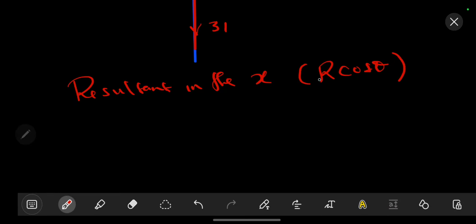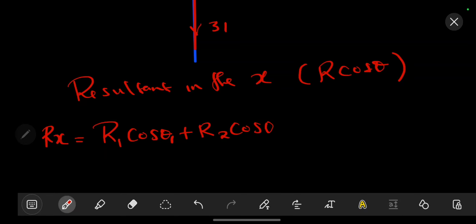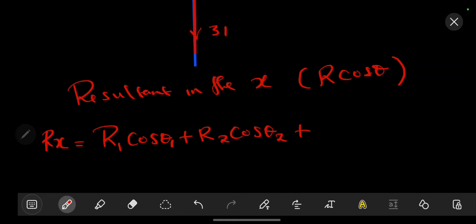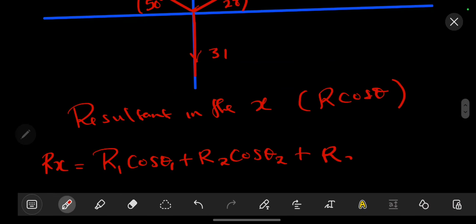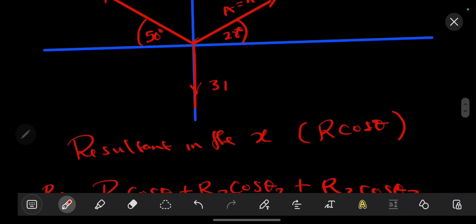But there are a lot of R's and a lot of thetas, so we can differentiate them. The resultant in the x should be equal to R1 cosine of theta 1 plus R2 cosine of theta 2 plus R3 cosine of theta 3, so that we distinguish each and every component.